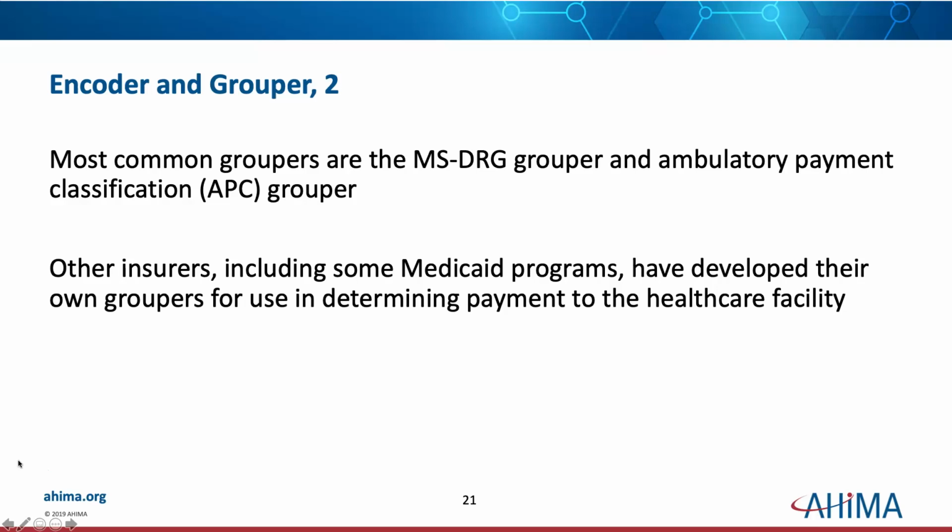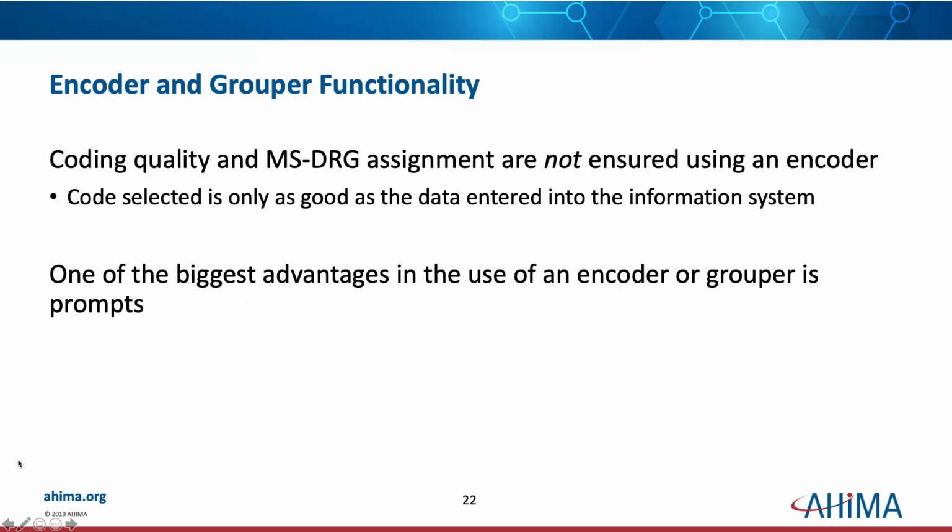But beyond that, you want to make sure that you have not only the most current, but you have the one previous in case you need to do something different. And some insurers, including some Medicaid programs, have developed their own groupers for use. So you have to be aware of that.